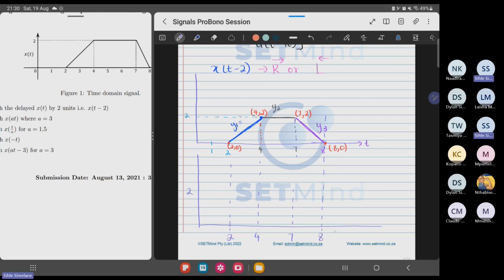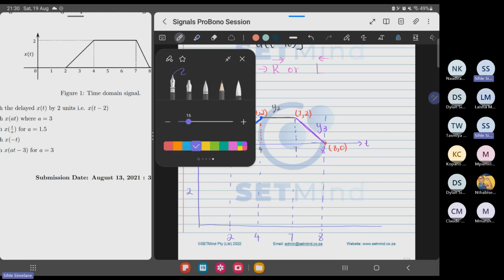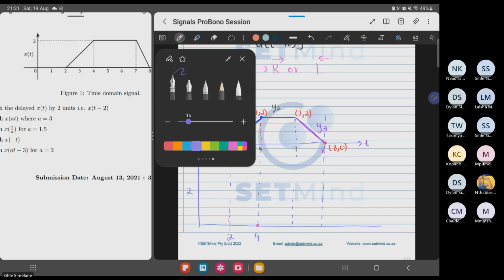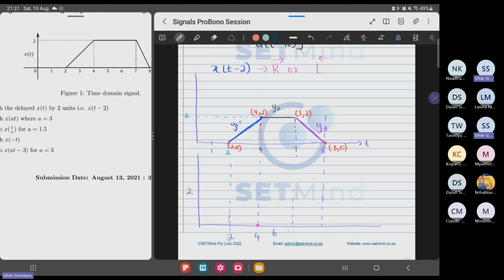So what we need to do is every point we need to move it by 2 to the right. So the point which was originally here, this one, it will move by 2 to the right, so it is here. This point here, which was at 4, it should move by 2 to the right, so I need to include 6 somewhere in between here. So let me have a 6 somewhere here and a 7 here.